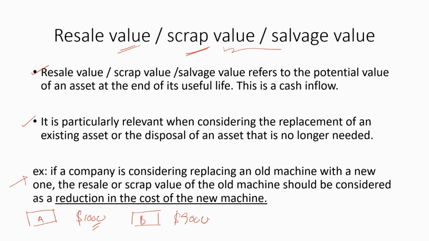So 9,000 is a cost to the company and there is $1,000 coming in because they sold the old machine. So the relevant cash flow of this transaction equals 8,000. This is a relevant cost. Even though we do not use parentheses, this is a relevant cost because the cost of purchasing the new machine is higher than the resale value of the old machine. So this is a relevant cost or a cash outflow.